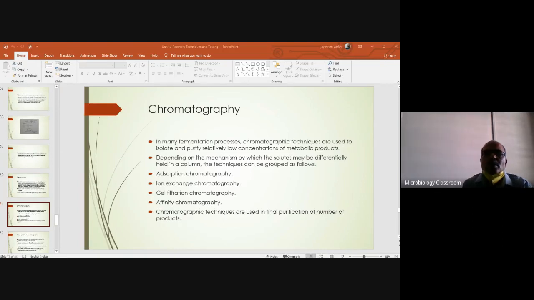So when you go through the scientific literature, you will find that in many fermentation processes, chromatographic techniques are used to isolate and purify relatively low concentrations of metabolic products.